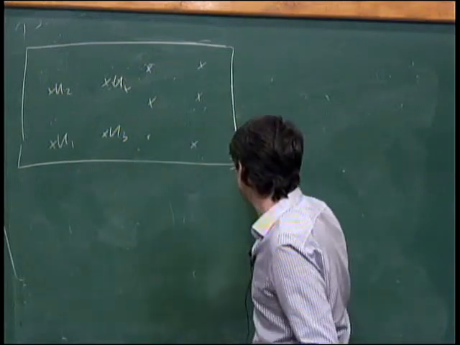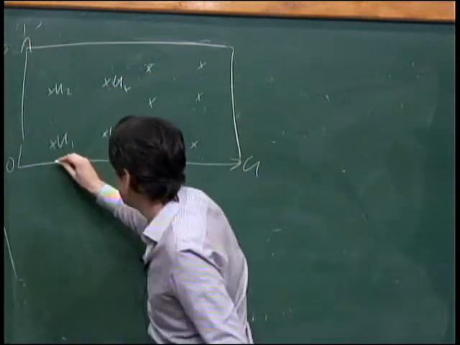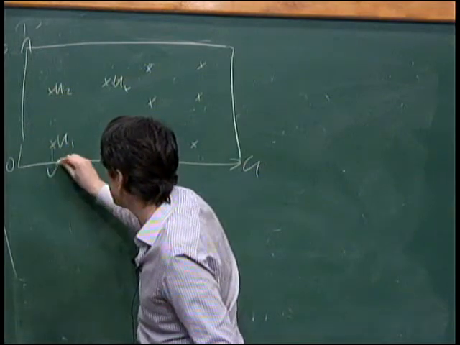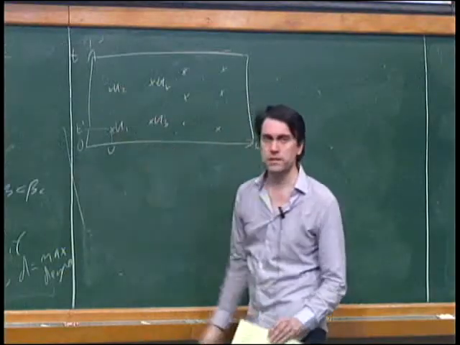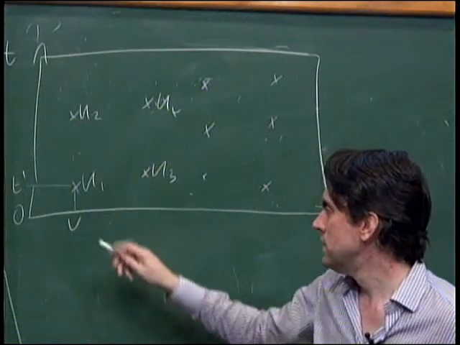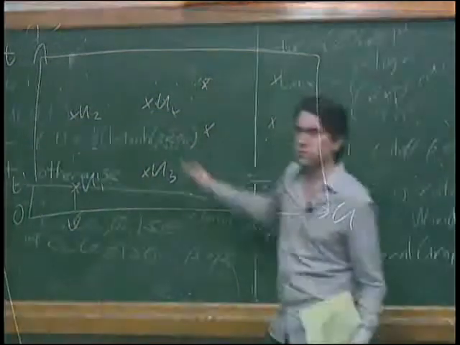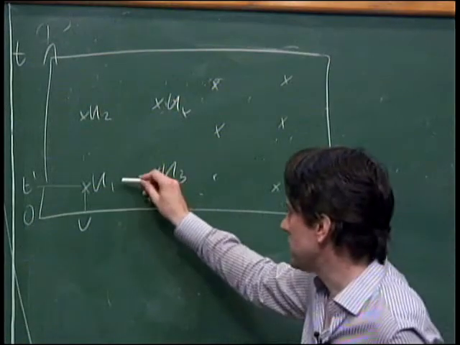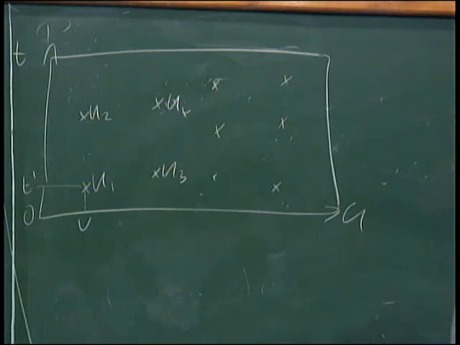If the x-axis is the graph and the y-axis is time, then this is saying that vertex v at time t prime is getting an update here. What that means is you forget the spin at this vertex, and then apply this rule and update it to either plus or minus, depending on the values of the neighboring vertices and what unit random variable we chose.